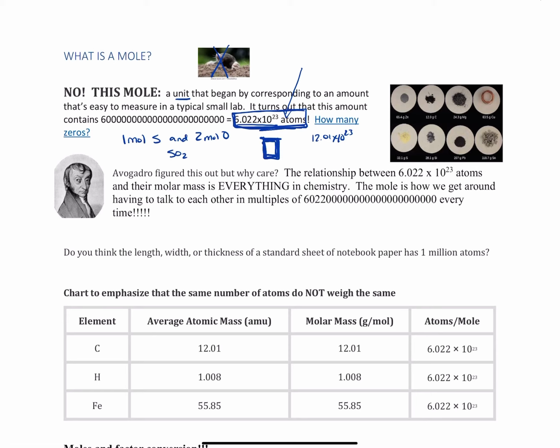There were people who thought other elements should be used as the standard, but it was ultimately decided that carbon would be standard, and they took pure isotopes of carbon-12 and weighed out 12 grams, and they verified that it was 6.022, and there were all these other numbers that come after it, times 10 to the 23rd atoms.